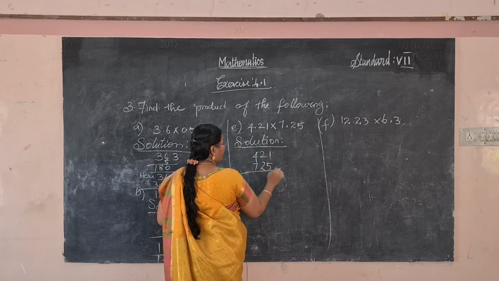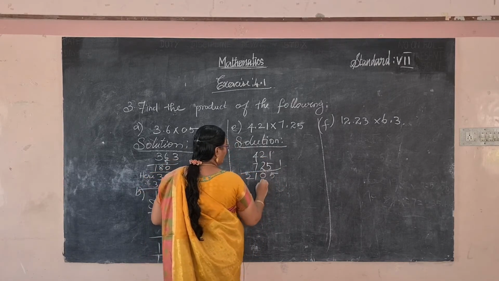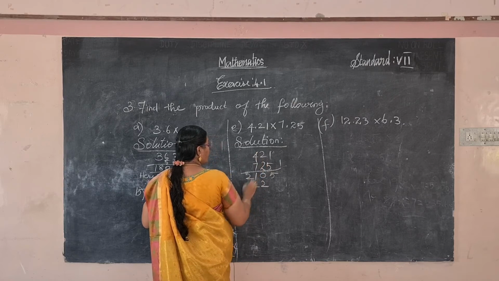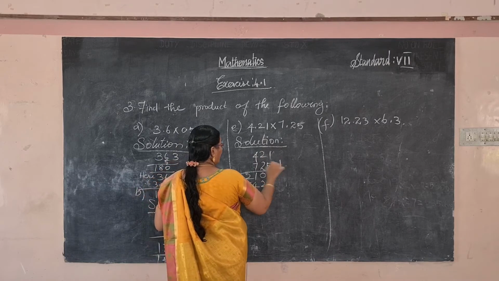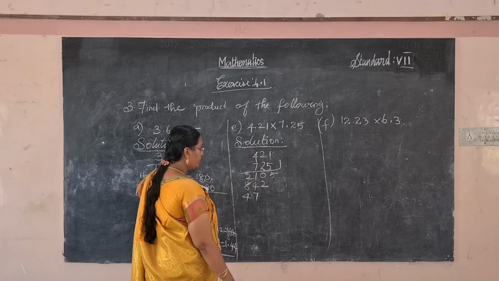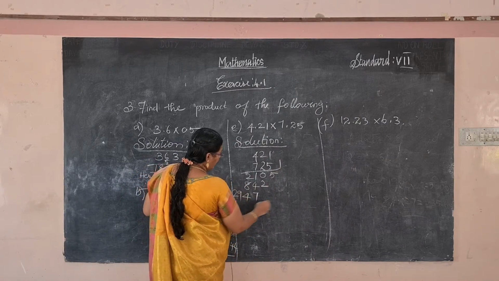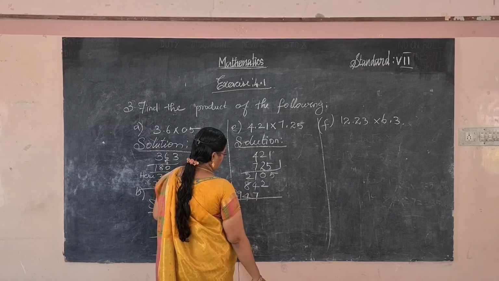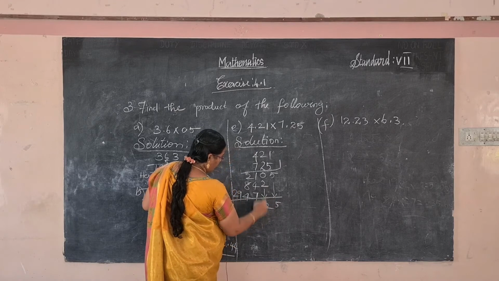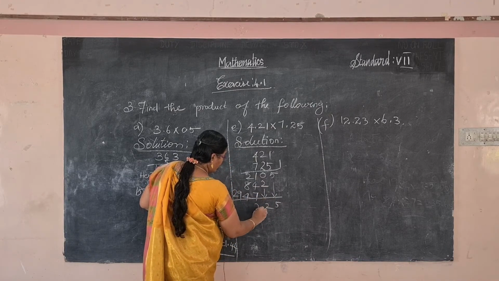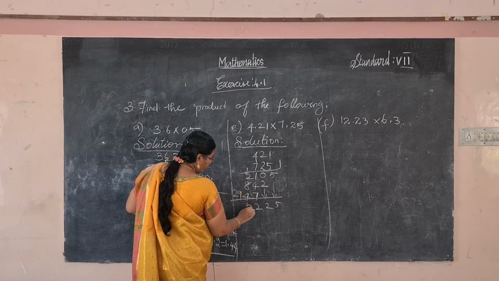Multiply. 5 1s are 5. 5 2s are 10. 5 4s are 20 plus 1, 21. 2 1s are 2. 2 2s are 4. 2 4s are 8. 7 1s are 7. 7 2s are 14. 7 4s are 28 plus 1, 29. 5, 2, 5 plus 7, 12. 12 plus 3, 15.